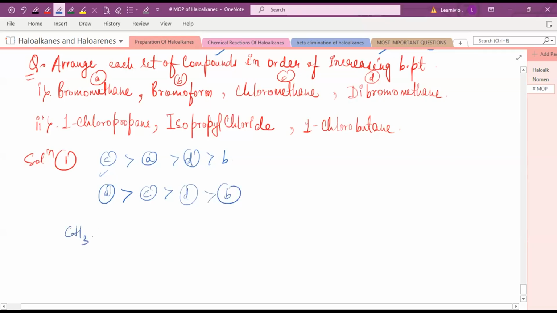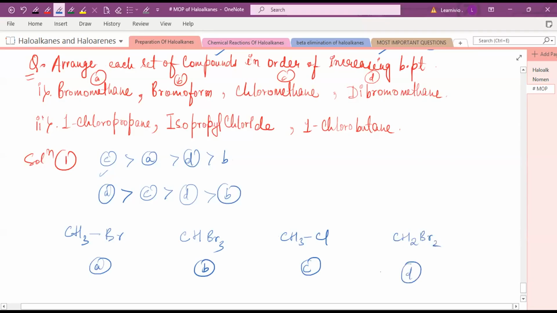So it's CH3Br for the first structure, and the second is your bromoform. Third structure is CH3Cl, C, and your CH2Br2, so that's the D part.